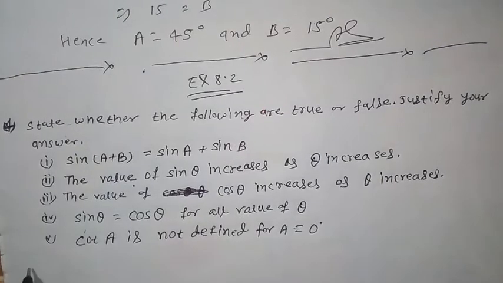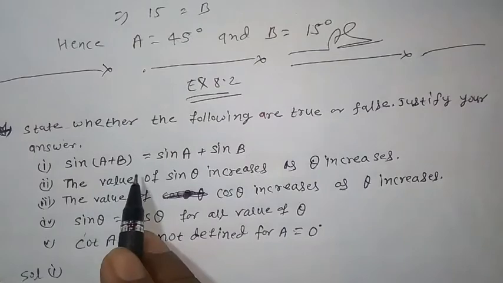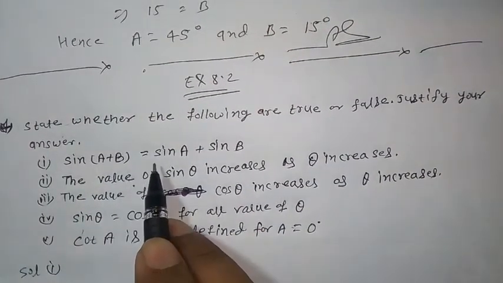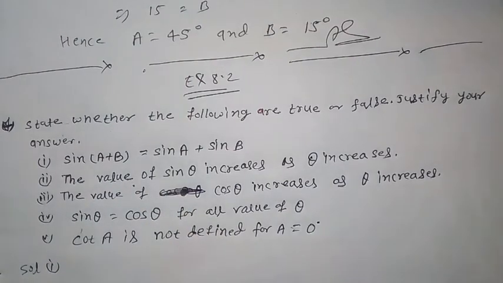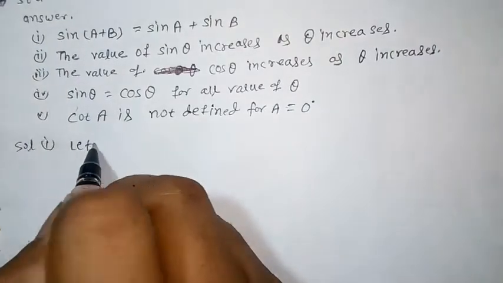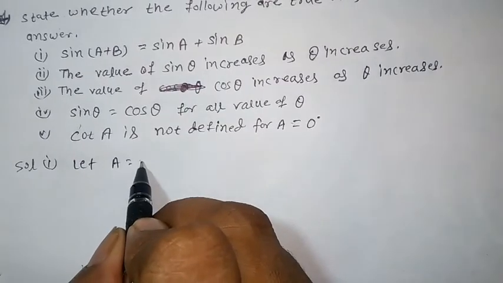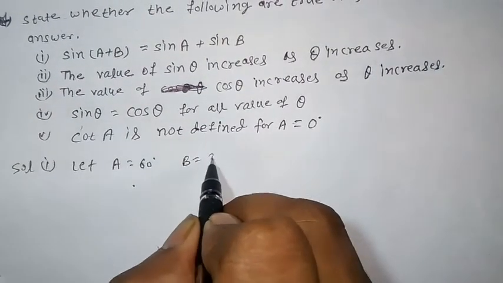Now solve. sin(A + B). This is not true. This is a false statement. Now justify this. Let A is equal to 60 degree, B is equal to 30 degree.